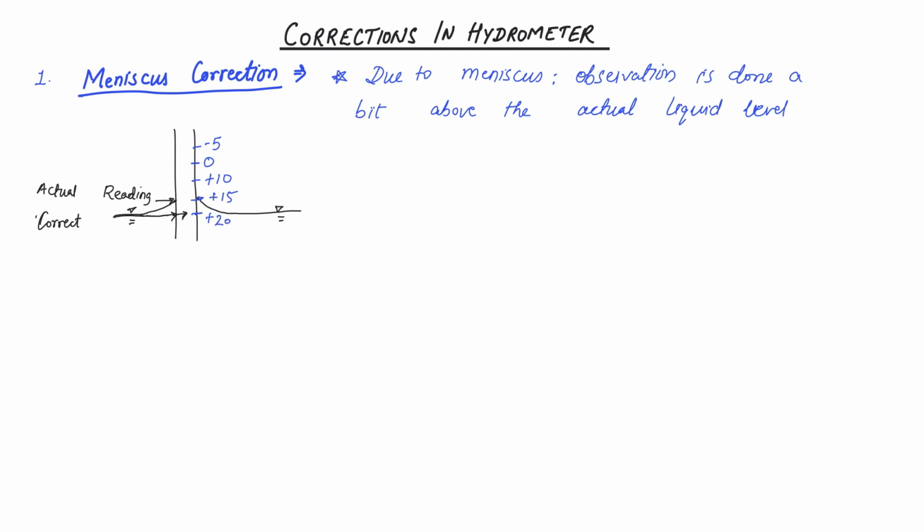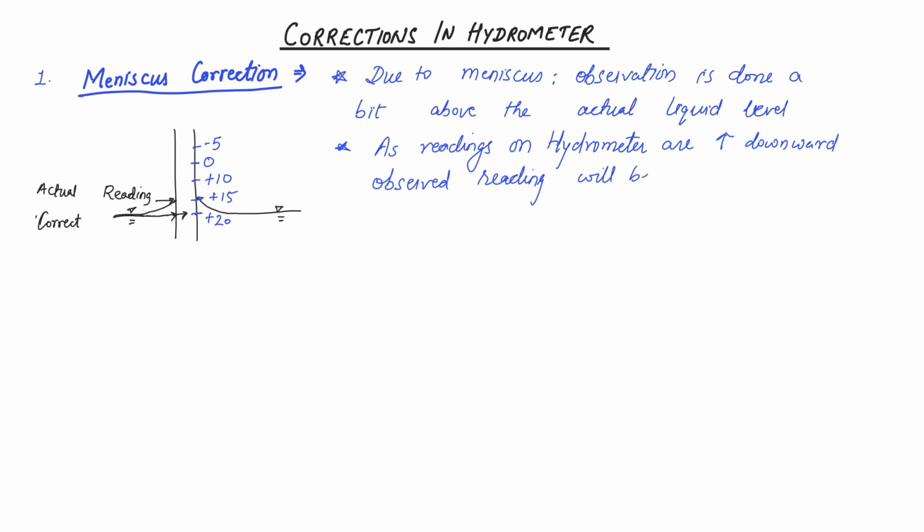So as the readings on the hydrometer are increasing downward, the observed reading will be less than the correct one, and hence the correction should be positive or negative?